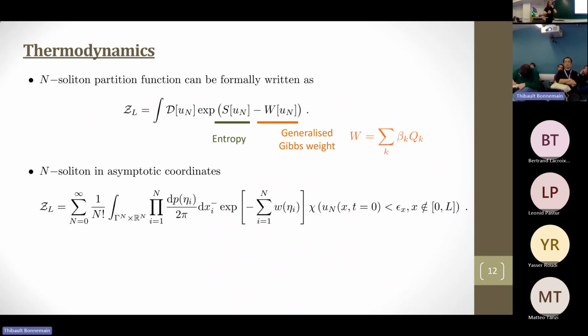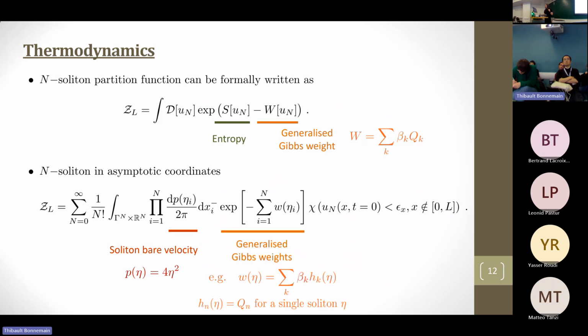Okay. So now let me tell you a little bit more about those things. Here, this is a certain bare velocity, so it's 4 eta squared. The 2 pi here is just for convention. This is the generalized Gibbs weight, so it's expressed in terms of those small w's, where h here is a quantity of the charge Qm carried by a single soliton of spectral parameter eta.